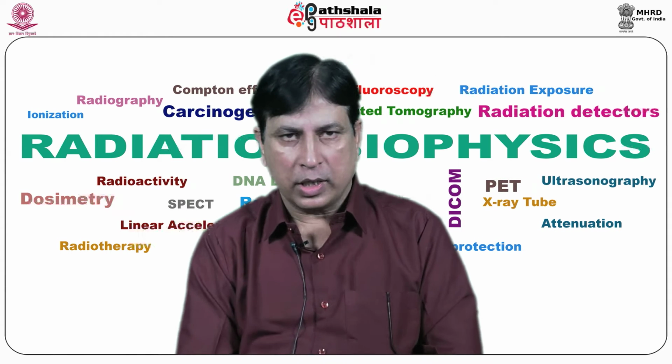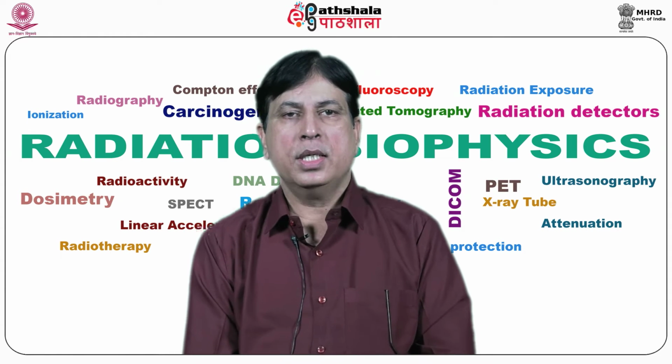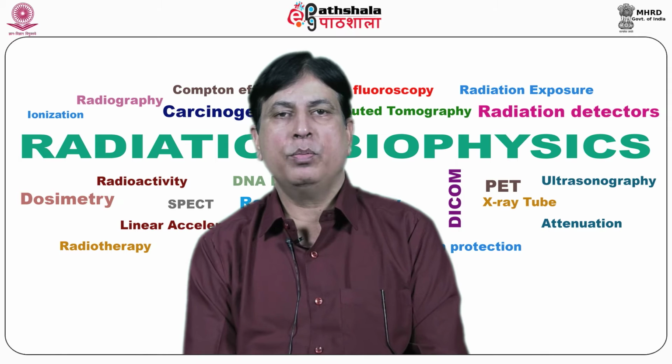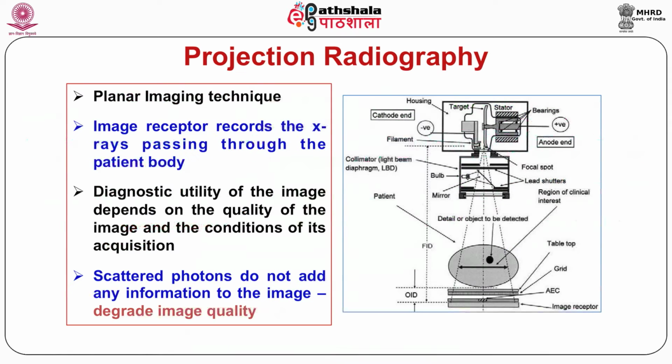So with this introduction, now we will discuss some salient features of projection radiography. Projection radiography is a planar imaging technique where image of a three-dimensional object is recorded in 2 dimensions as we discussed earlier. The figure shows a setup used in projection radiography technique.